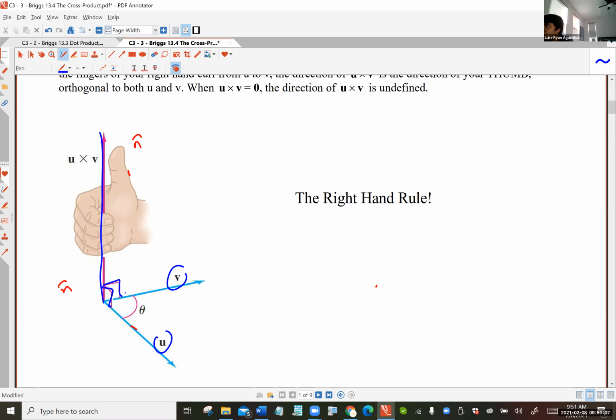And that is exactly right, because the cross product is orthogonal to the two guys that help create him. And so the way I like to think of it is this is mom and this is dad. The baby, the offspring, the cross product is orthogonal to both mom and dad simultaneously.